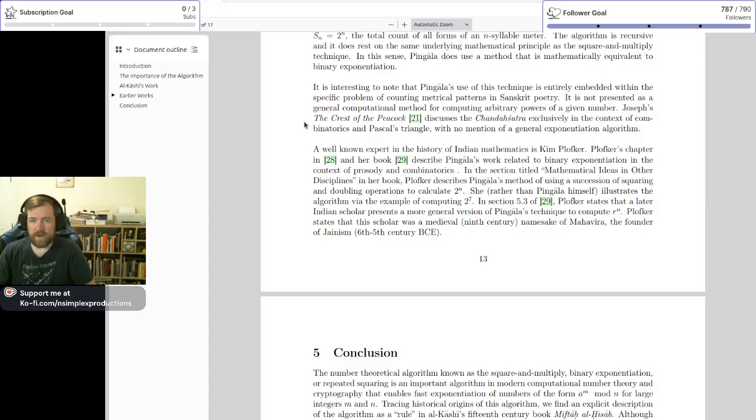Joseph's The Crest of the Peacock discusses Chanda Sutras exclusively in the context of combinatorics and Pascal's triangle, with no mention of a general exponentiation algorithm, because in that particular thing they're talking about, I believe, the choice to use either a long or a short syllable at any individual moment in the poem.